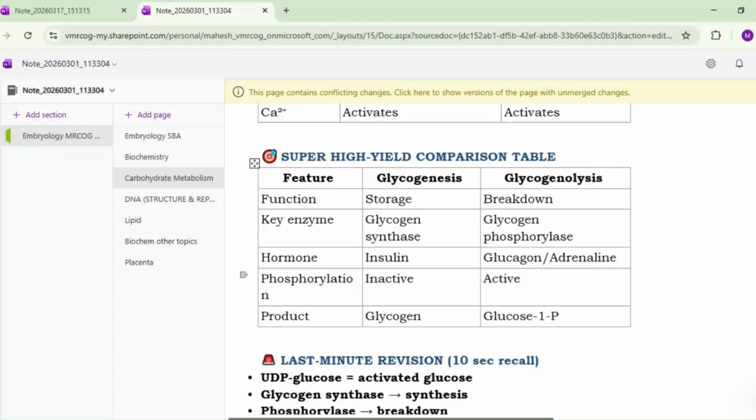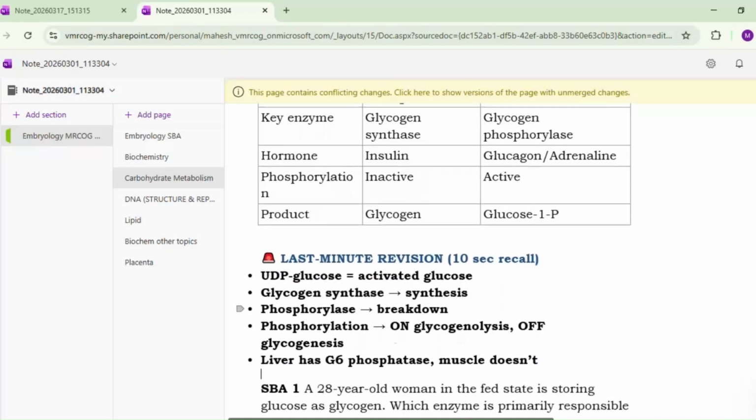While glycogenolysis is the breakdown of glycogen, the main enzyme is glycogen phosphorylase, and glucagon and adrenaline lead to increased activity of this enzyme through phosphorylation, and the product is glucose 1-phosphate.